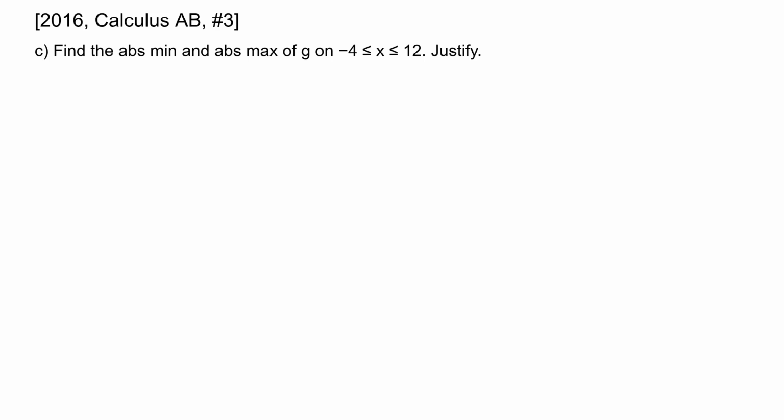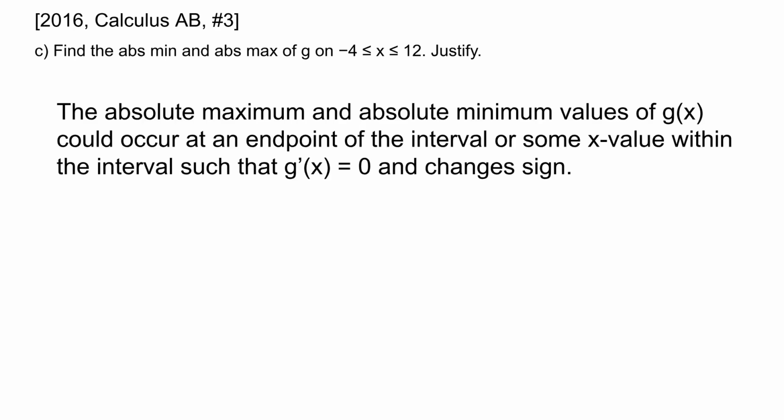In part C of the question, we are asked to find the absolute minimum and absolute maximum values of g on the interval from -4 to 12 and to provide justification. The absolute maximum and absolute minimum values of g could occur at an endpoint of the interval, -4 or 12, or at some x value within the interval such that the derivative of g is equal to 0 and also changes sign.